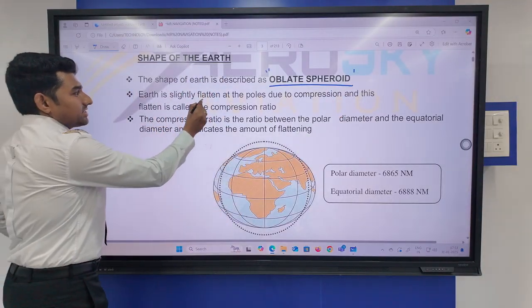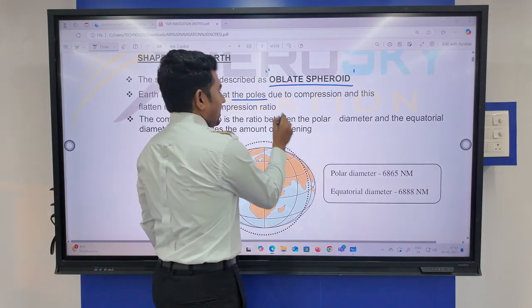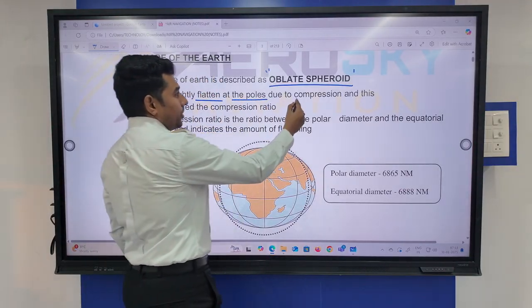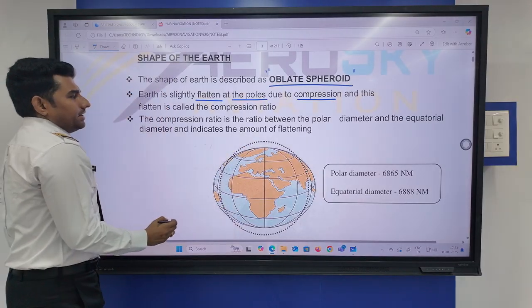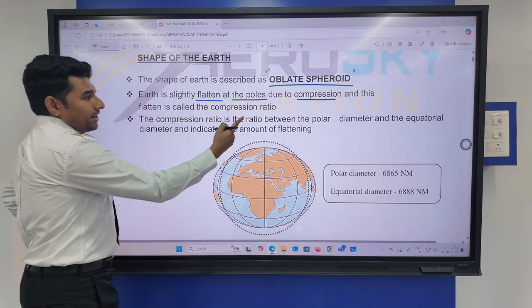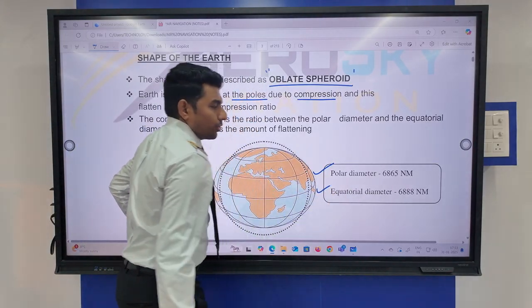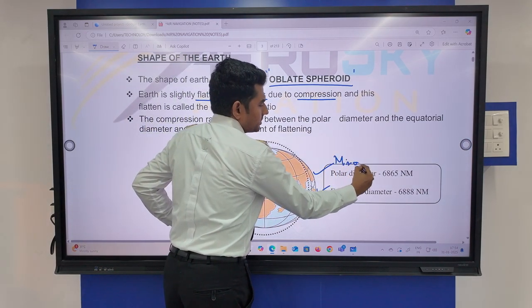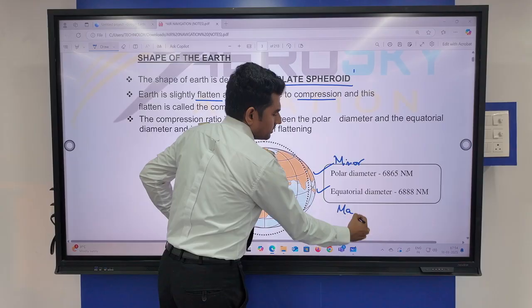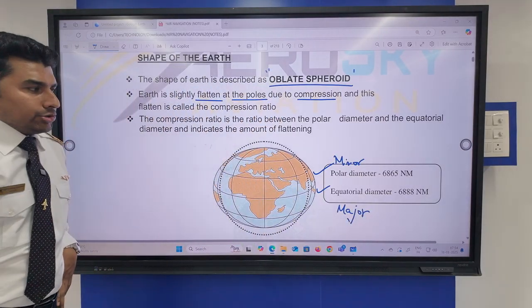Second thing, it is slightly flattened at the poles, which also creates a compression at the poles, and that creates two different axes, polar and equatorial. Polar is also called the minor axis, and equatorial is called the major axis. You should know the values.